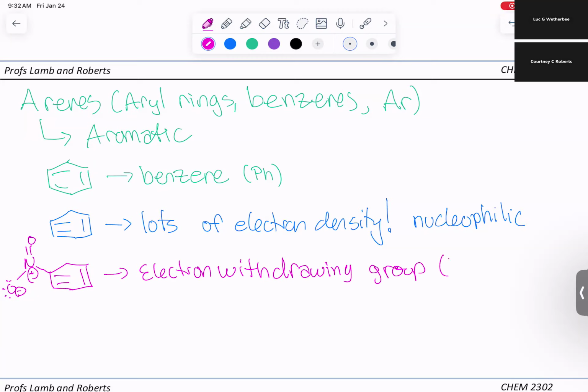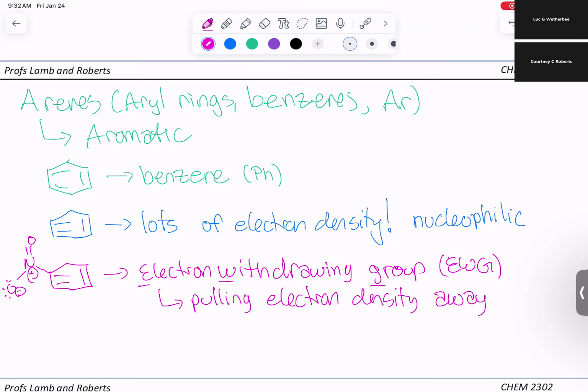We often abbreviate electron withdrawing group as EWG. So we have an electron withdrawing group on here, and this is pulling electron density away. It's pulling it towards those highly electronegative groups, and it's pulling it away from the arene.